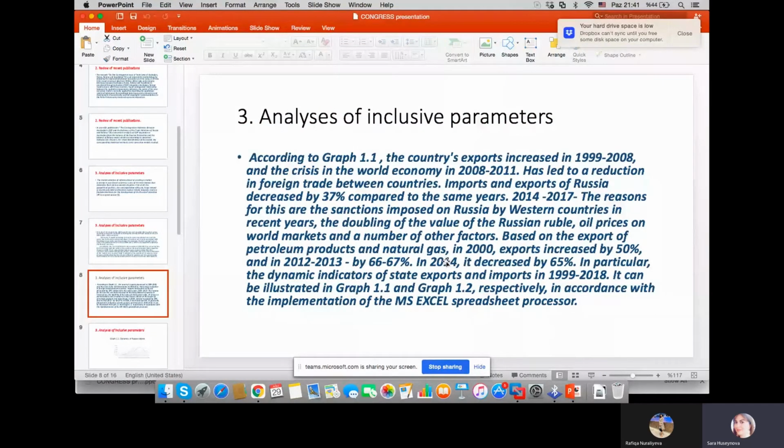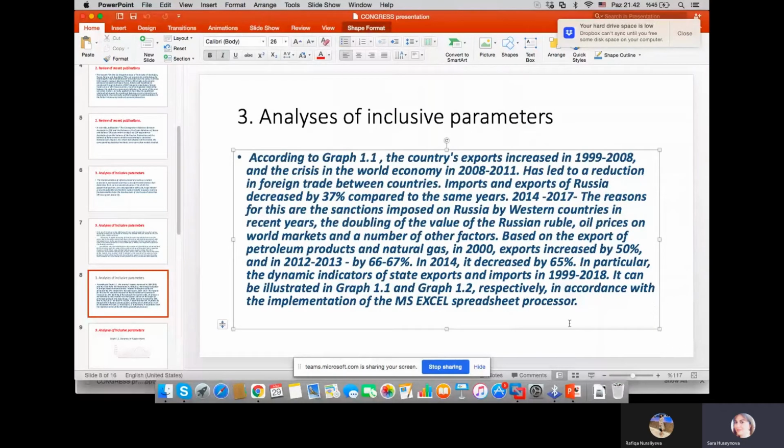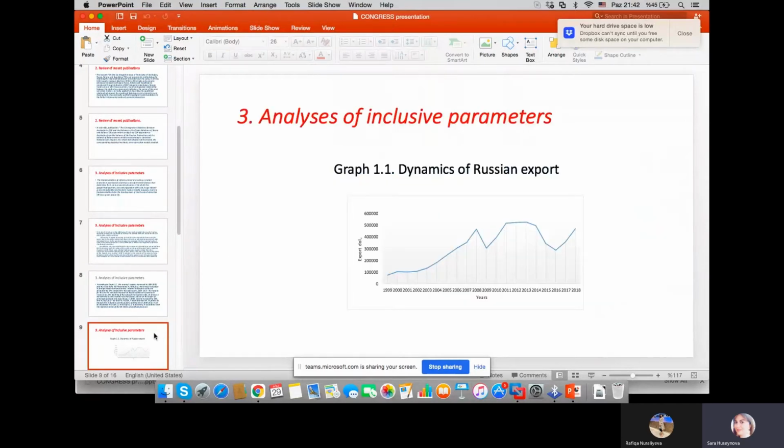In 2014 it decreased by 65%. All this decrease and increase process is described by the graphical representation in the Excel program.